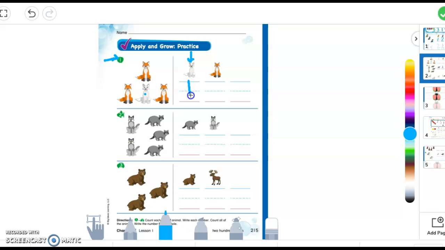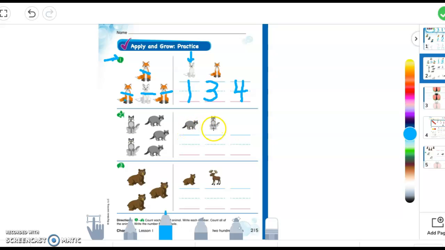So we will write the number 1. What part of our set has orange and white foxes? 1, 2, 3. 3. So what is our whole all together? 1, 2, 3, 4. So 1 and 3 is 4. Part of our set has 3, part of our set has 1, and our whole is 4.